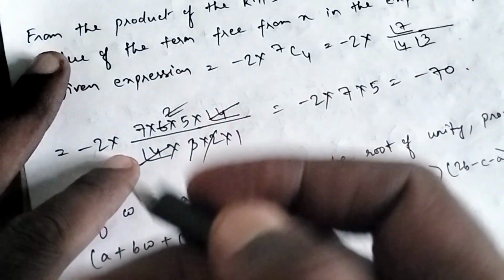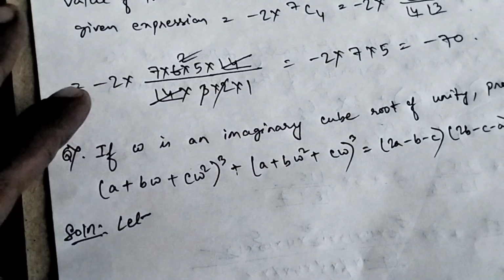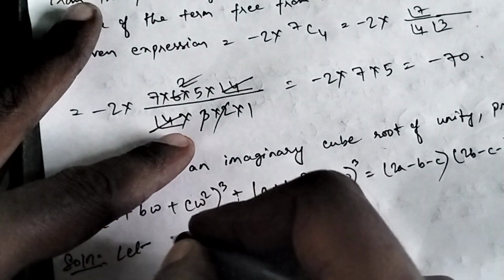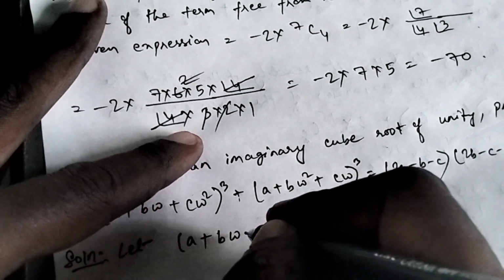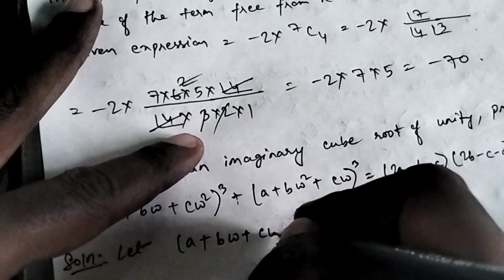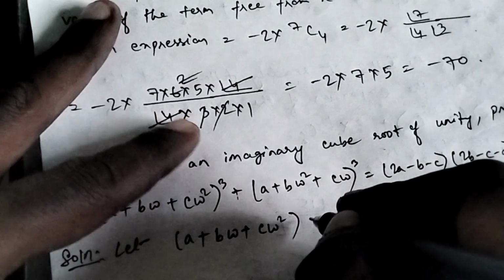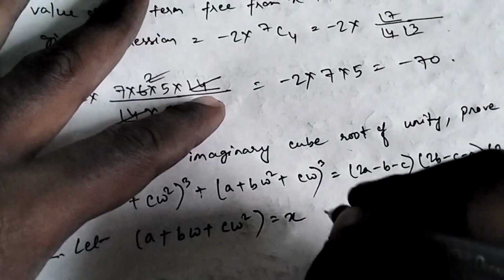Let this one, a plus b omega plus c omega square, be equal to x. Name it as 1.